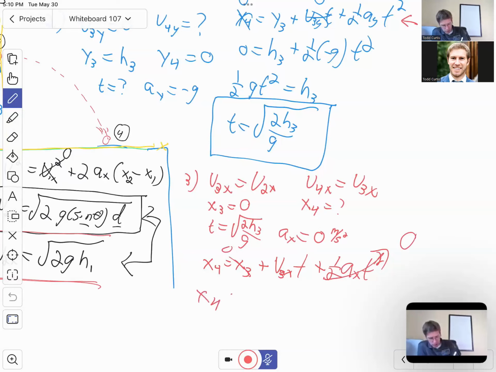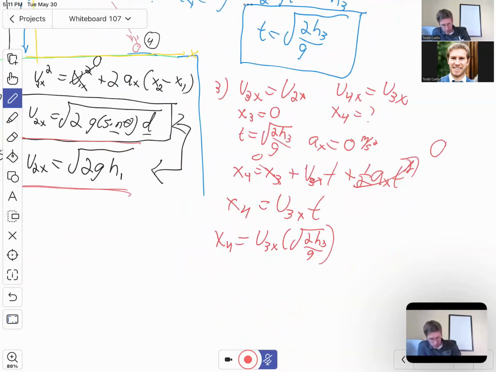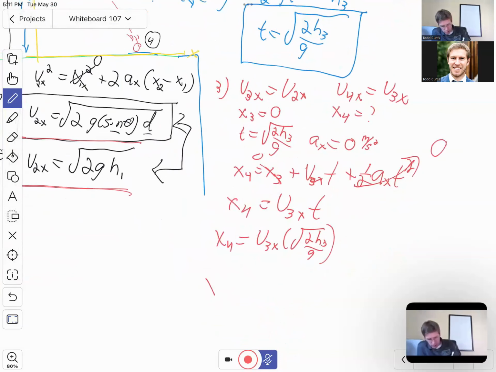So our x4 is just v3x times time, or you could write it out as v3x times the square root of 2h3 over g, or if you wanted to be even more accurate for your lab, you could plug in your v2 here.